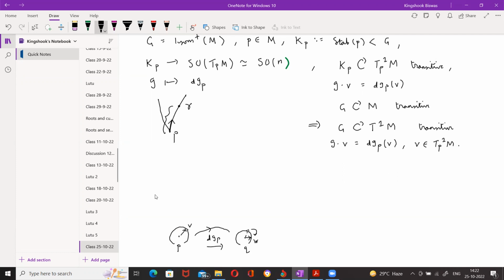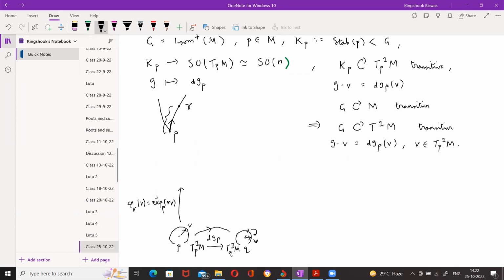This is going from the unit tangent sphere T_P^1 M to the unit tangent sphere T_Q^1 M. And now I have the map phi_r. So phi_r of V is exp_P(rV).